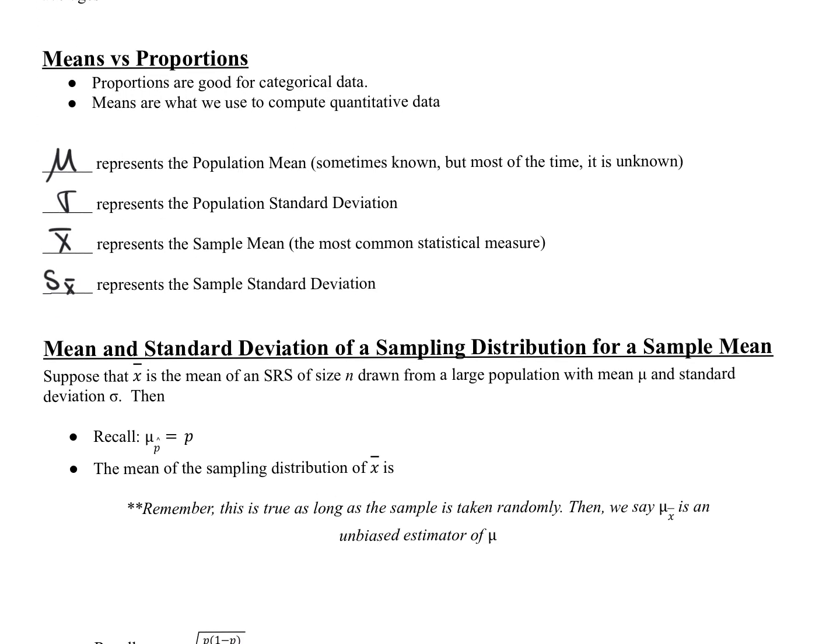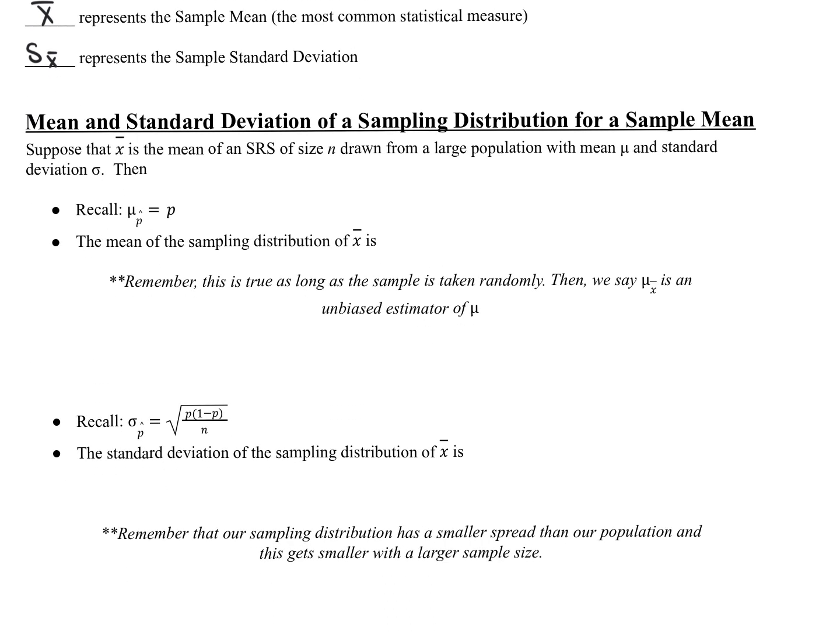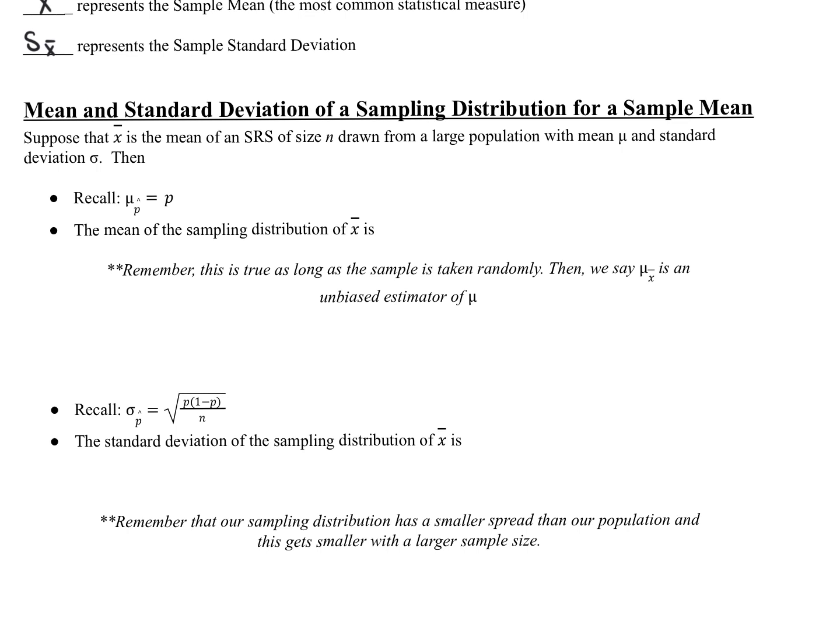So let's talk about mean and standard deviation for a sampling distribution for sample means. If x bar is the mean of an SRS with size n drawn from a large population that has mean mu and standard deviation sigma, then we know from a proportion that the mean of our sample proportion p hat is equal to our population proportion p.